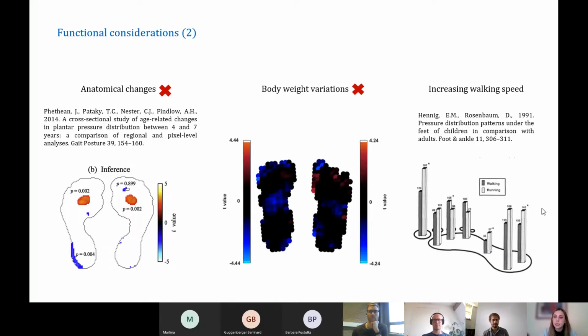And this makes sense in our case because if you think about infants that are just starting to walk, they're a bit clumsy. They are not really confident, so they mainly progress really slowly. They try to balance. As soon as they start to walk more confidently, they want to explore more. They want to interact with parents or toys. So an increasing walking speed seems a very reasonable factor affecting pressure in this case.